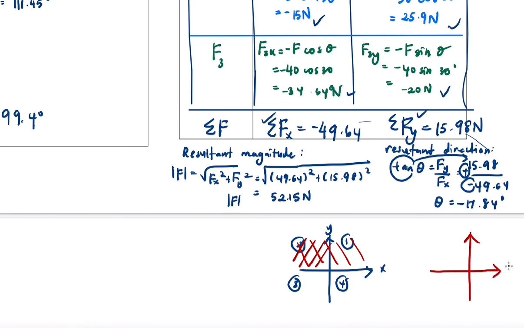So this is our x and this is our y. Sebenarnya resultant vector kita, resultant F kita dekat sini. And theta yang kita dapat tadi is actually here, 17.84. And magnitude yang kita dapat tadi adalah nilai vektor ni, which is 52.15 Newton. So this is our resultant vector.